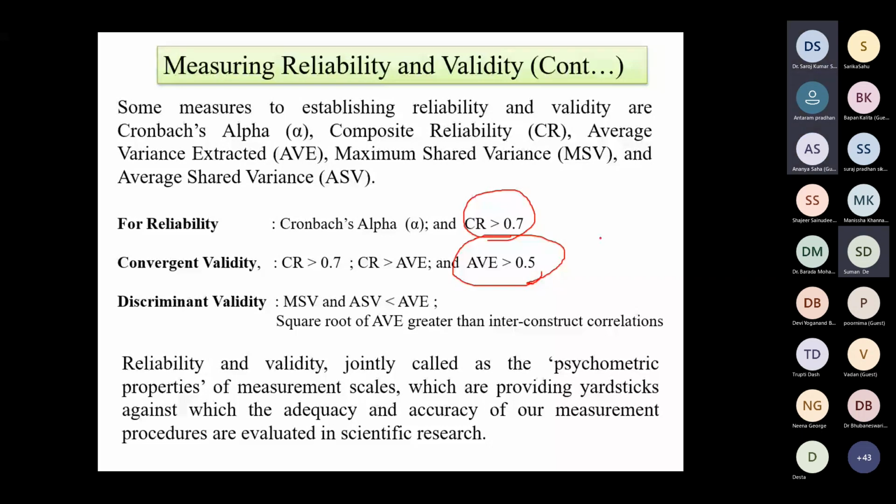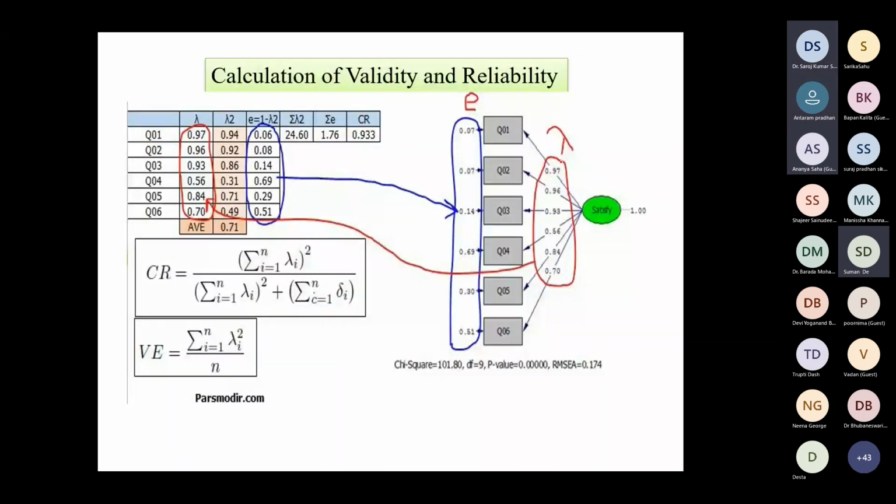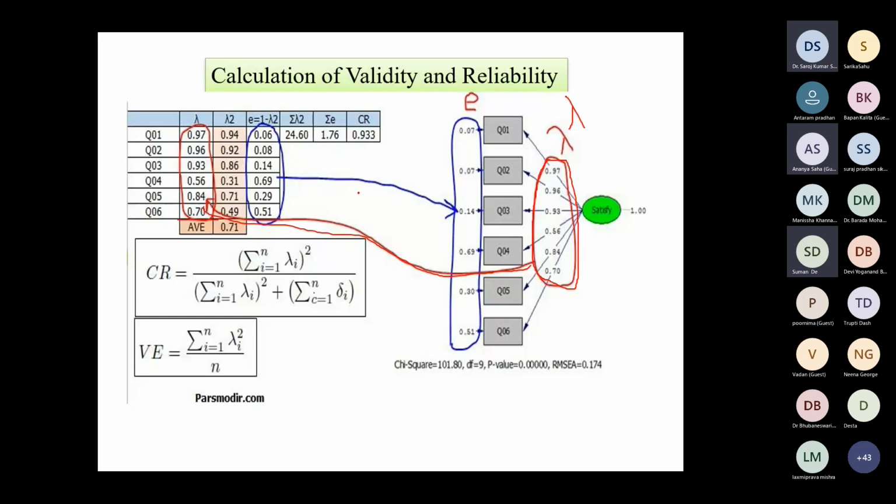Whatever we have done, I have shown pictorially. All the standardized regression weights here are called lambda. All the standardized regression weights have been taken into an Excel sheet, squared and added up, divided by the number of indicators.